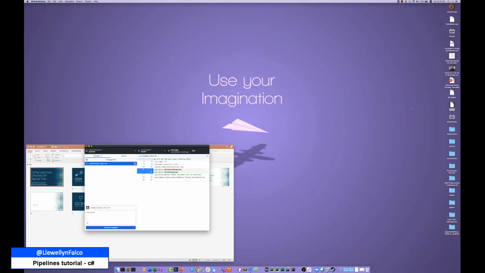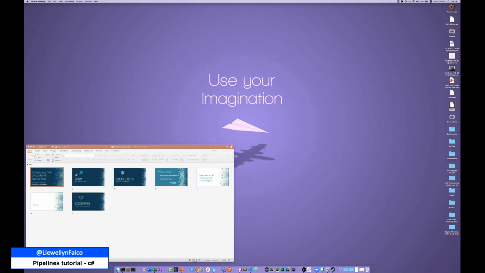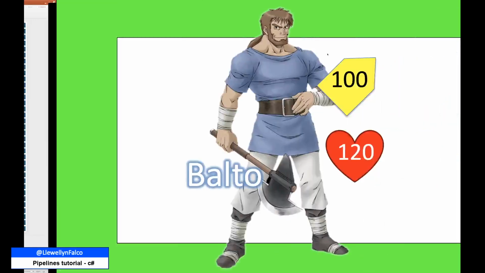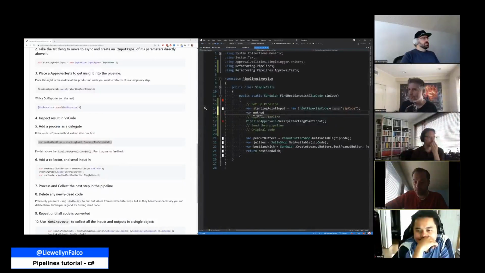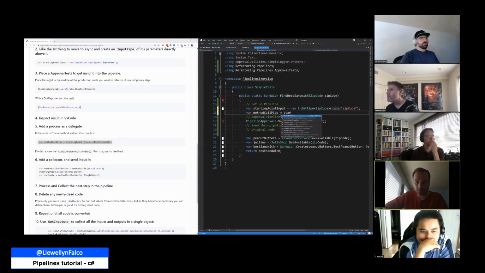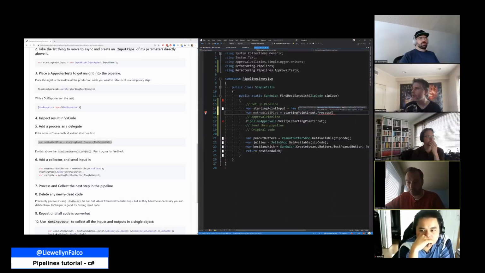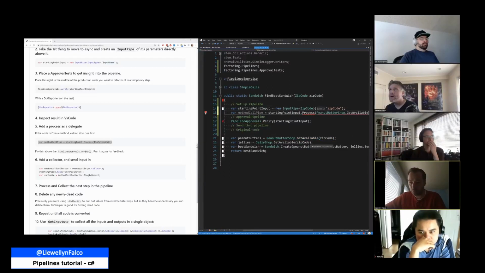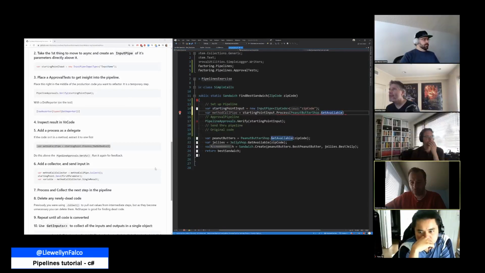So after the starting point input, put the method call pipe and this process function instead of process.